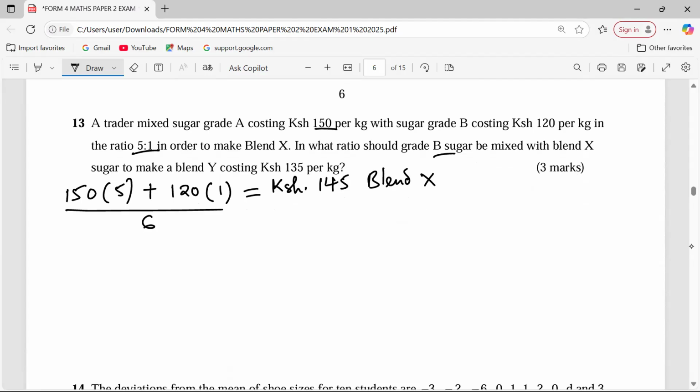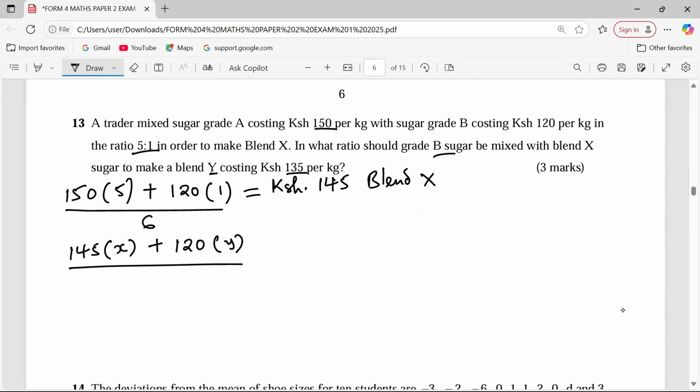If it is costing 145, now we are supposed to mix the blend X together with blend B again to come up with Y. And Y should cost 135. So blend X costing 145. If we choose x kilograms, then we also mix this one with the kilogram costing 120 of B, and we choose y of them.